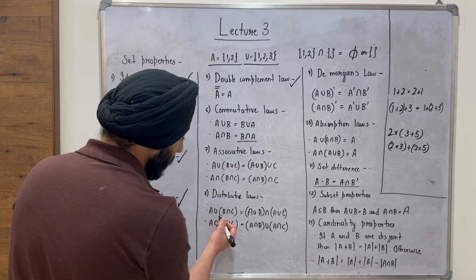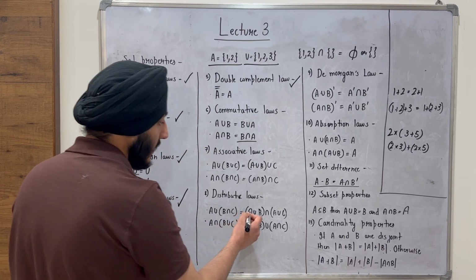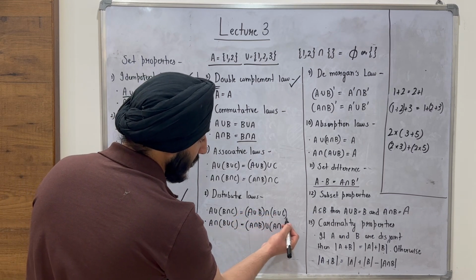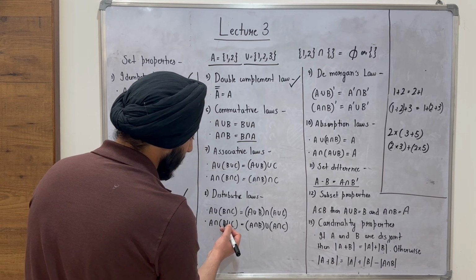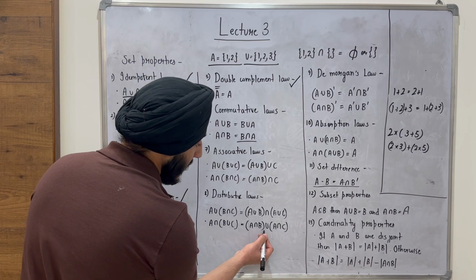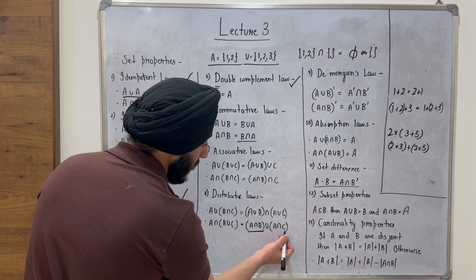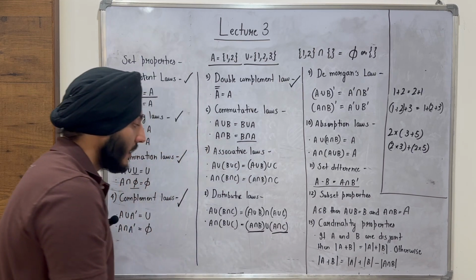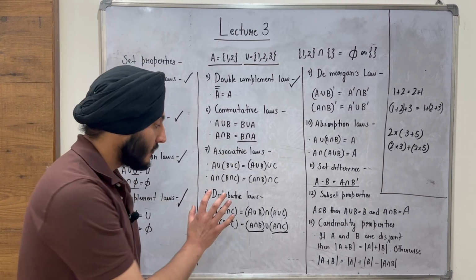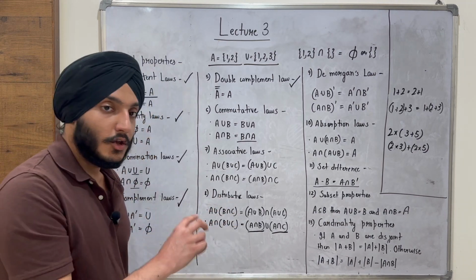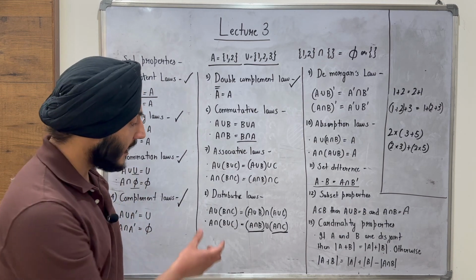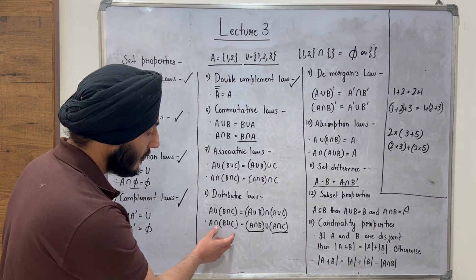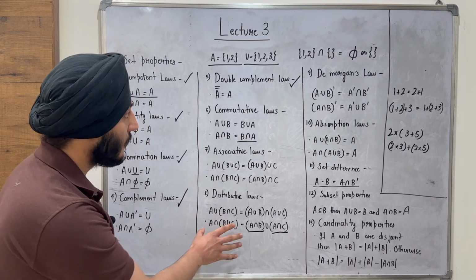So A union (B intersection C) would result in (A union B) intersection (A union C), and A intersection (B union C) is basically (A intersection B) union (A intersection C). The basic point of this law is that union is distributive over intersection and intersection is distributive over union, right? So that's what this law suggests.